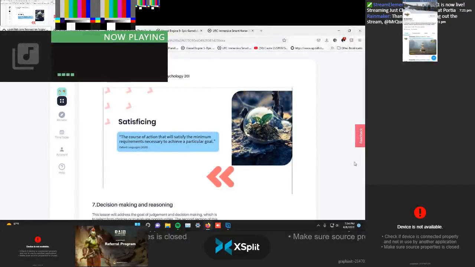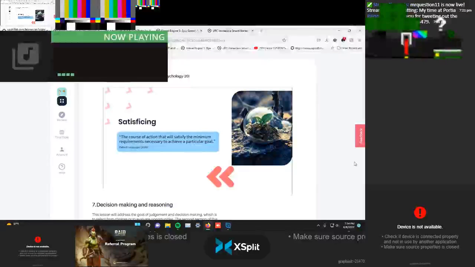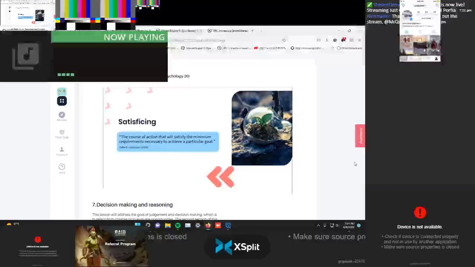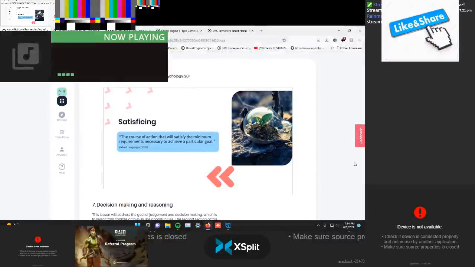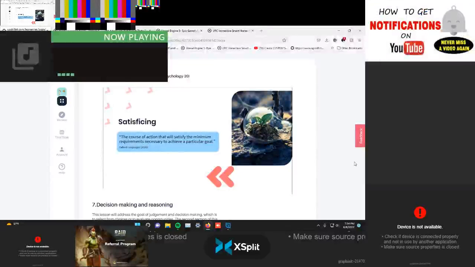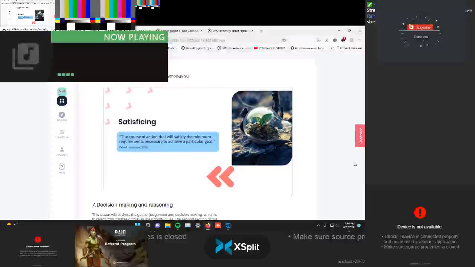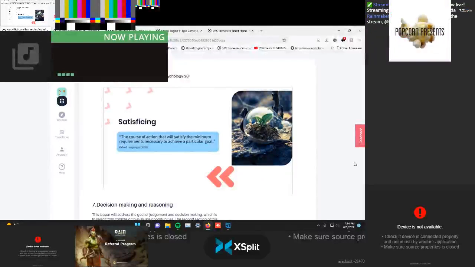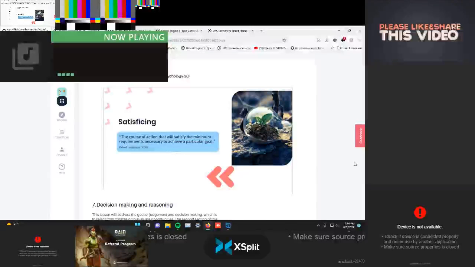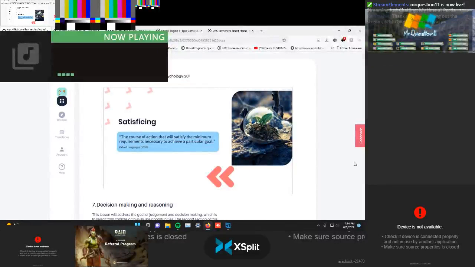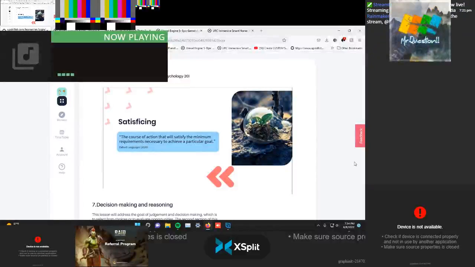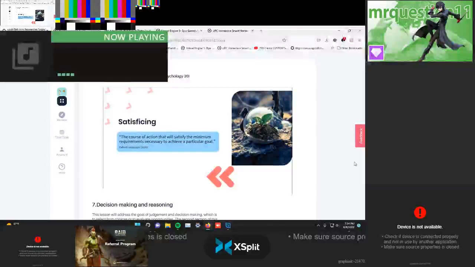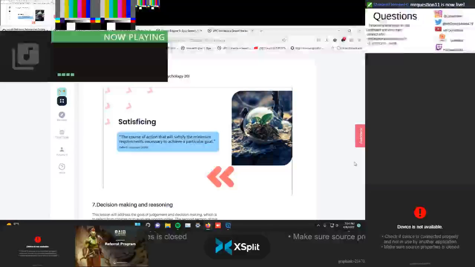Satisficing is perhaps linked to the notion of saving time on making decisions, not spending too much time on ruminating over what decision to make, and taking time away from other activities that we must spend time on every day.